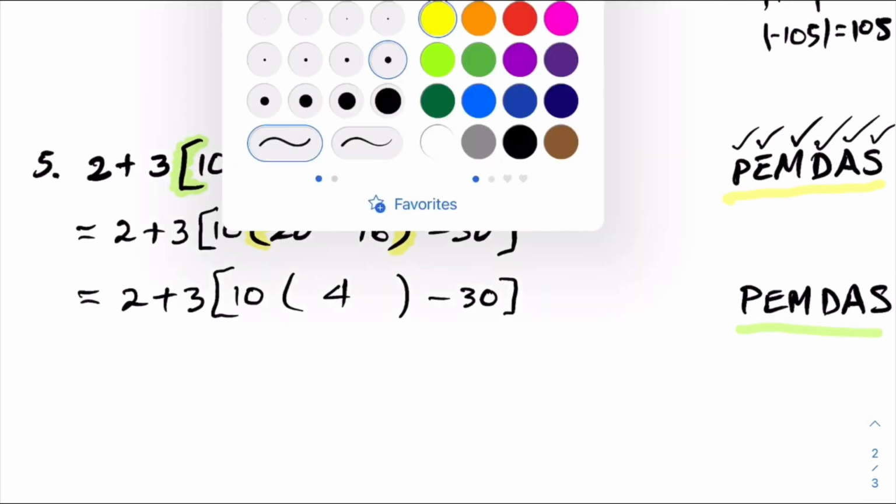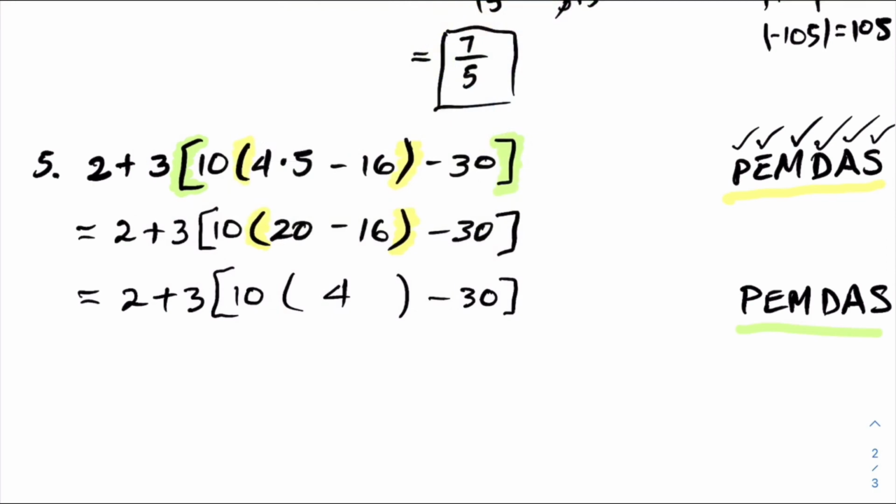Now we are working on the bracket. Everything else will stay the same. Inside the bracket, do we have a parentheses? Yes. There's a 4, but the parentheses has only one number, and there is a 10 to the right. This means, like I said earlier, 10 times 4.